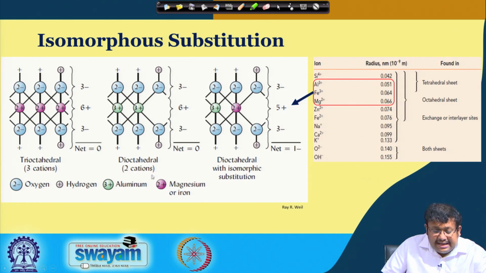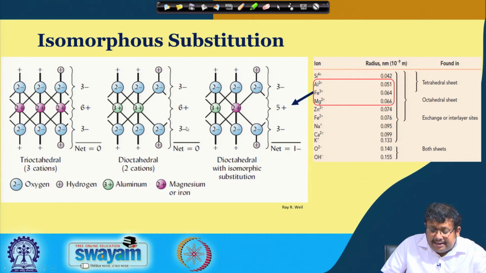So, we are getting a net charge of 0. In the case of dioctahedral, obviously, as you know, 2 out of 3 positions are filled by aluminum. As you can see here 3 plus and here, so 6 plus and 6 minus. So, 2 aluminum will be required to satisfy the charge to get a net charge of 0.